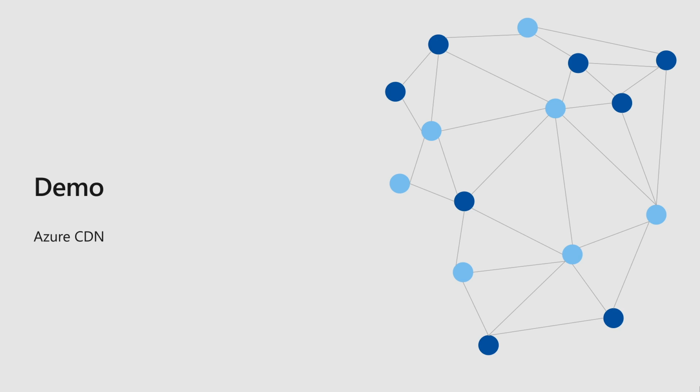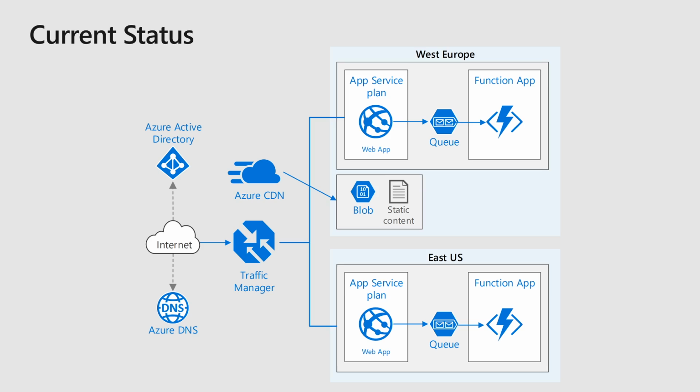And let's get back to our presentation. The current status that I have right now, as you can see, is that I already have that blob storage account over there with static content, and that static content can be served through a CDN. And remember that one of the requests from our customer was, look, I need low latency for my customers.